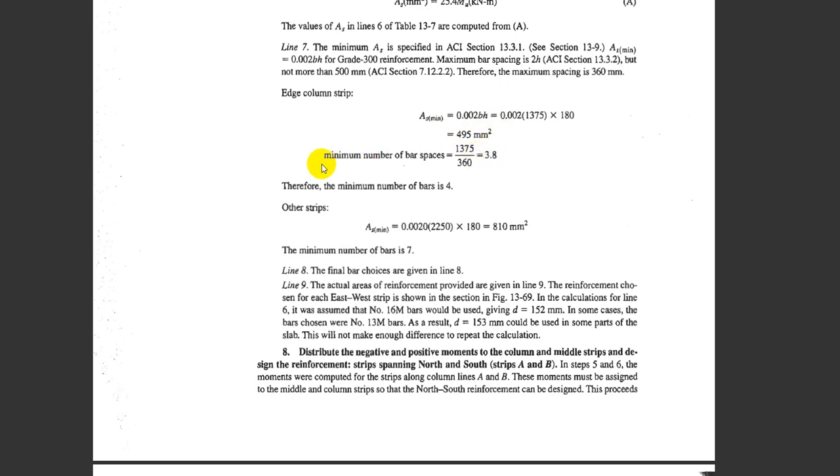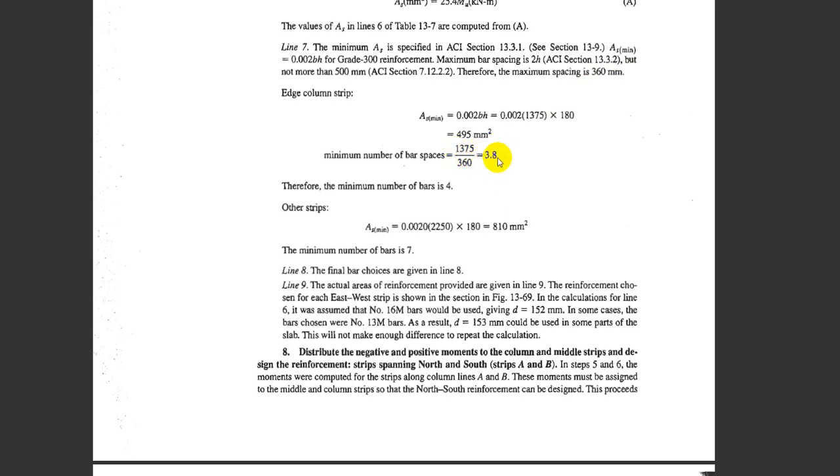because you need a minimum number of rebars. Bar spaces is determined by the maximum rebar spacing, which is 360, right? So you can go further 360 for the 1375 slabs.